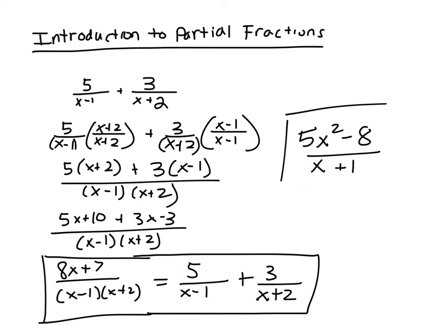Okay, so that's an improper fraction. And if you were to use synthetic division with this and find its remainder, I'll leave that to you as an exercise, what you'll get is 5x minus 5 minus 3 over x plus 1. So if you do have an improper fraction, you can always bring this down to being a polynomial and then a proper fraction.